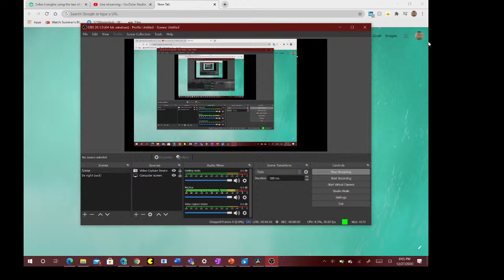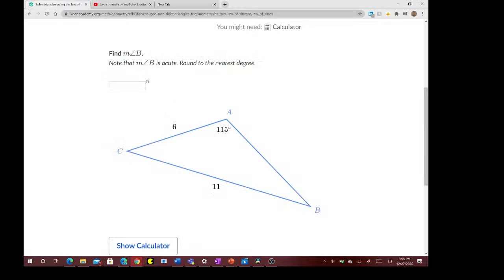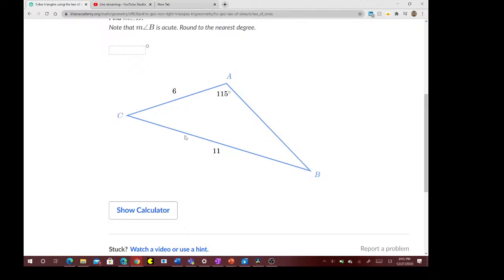Okay, so this live stream is about law of sines. Here, we're gonna look at some problems from Khan Academy because I feel like it's really important, especially for those of you that are in trigonometry or in geometry.